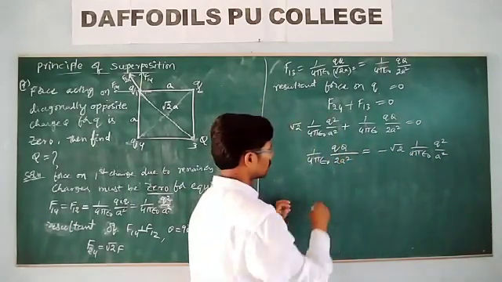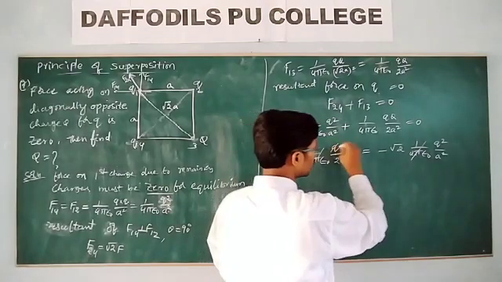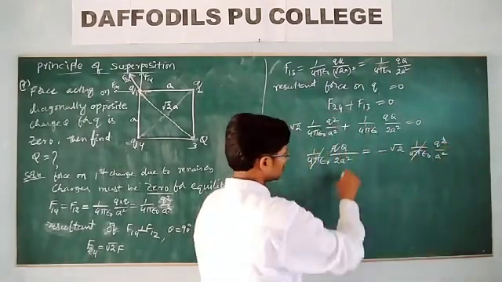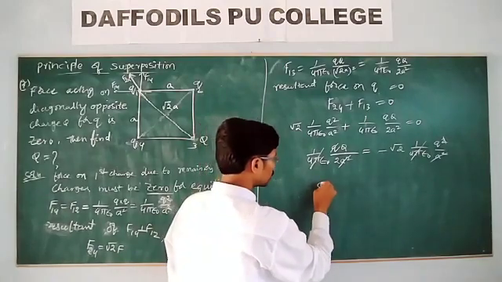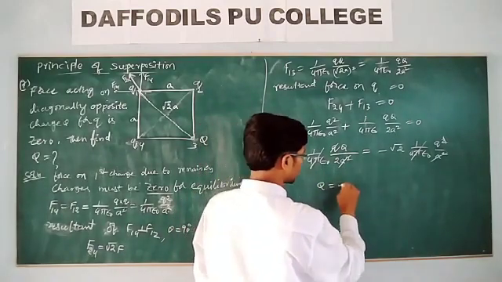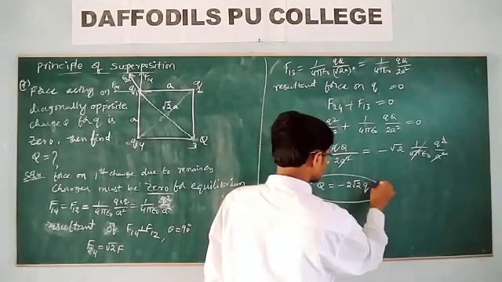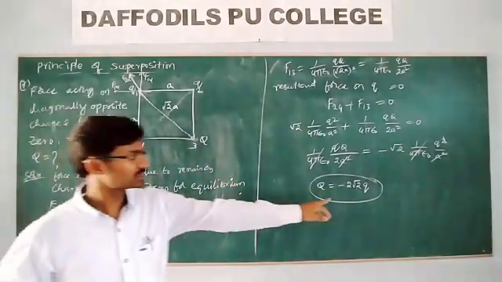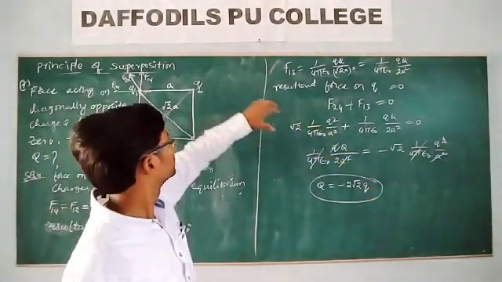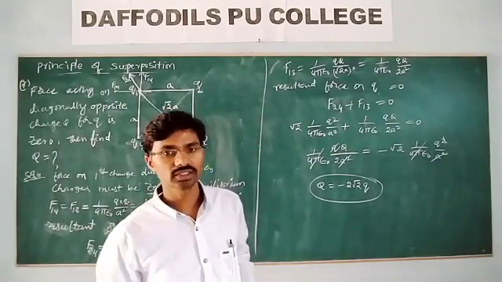Now 1 by 4 pi epsilon naught cancels, one q cancels, a square cancels. Then what is remaining? Q is equal to minus 2 root 2 q. So this charge value must be minus 2 root 2 q for the system to be in equilibrium. I hope you understood this.